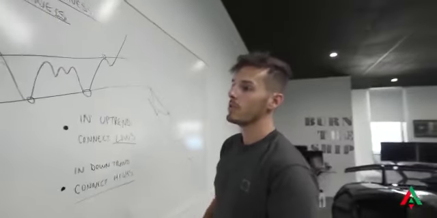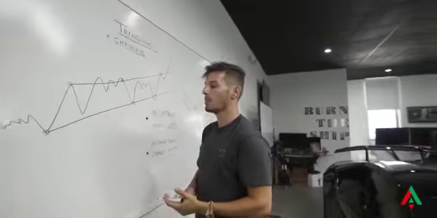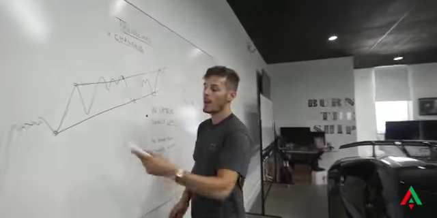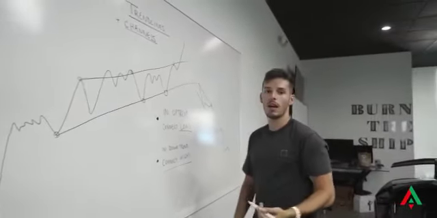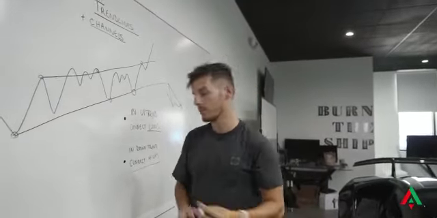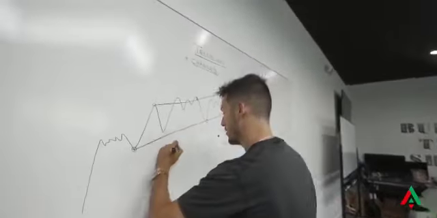Now, how you would use a channel is a little bit interesting than how you would just use a standard trend line. In an uptrend, a standard trend line is going to act as support. So let's write that down as well.